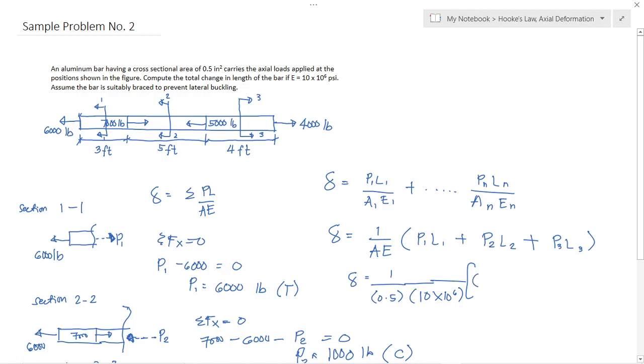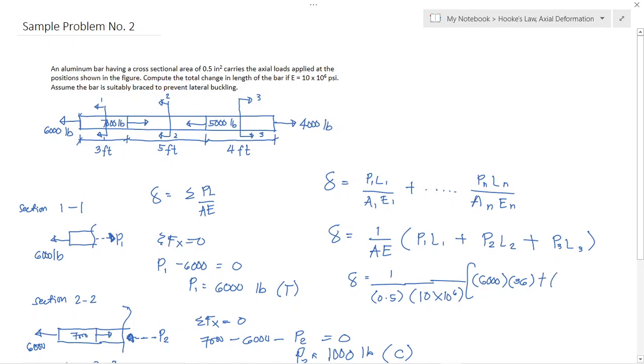P1 is 6,000. So, positive yan. Plus, dito nyo nagagamitin yung plus or minus. Kapag tensile plus, so positive 6,000 yan, multiplied by L1, which is equivalent to 3 feet. 3 feet is equivalent to 36 inches, na inches na ang gagamitin nyo.